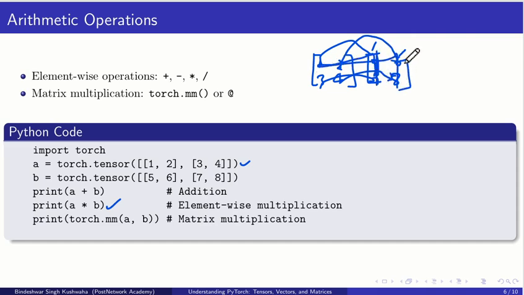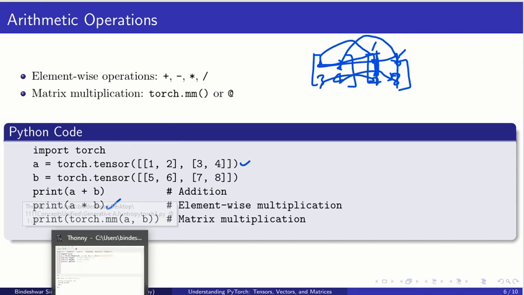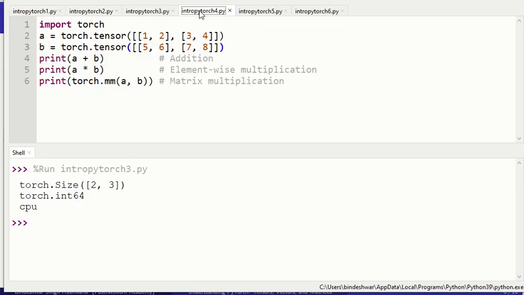Let us see that. So we are going to see the output of this program. So here, fourth program. Let us clear the output area and see the output here.